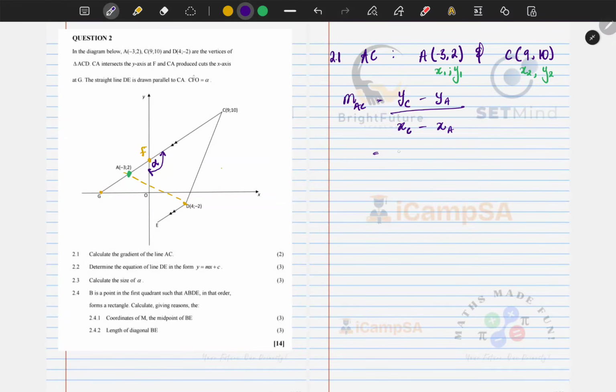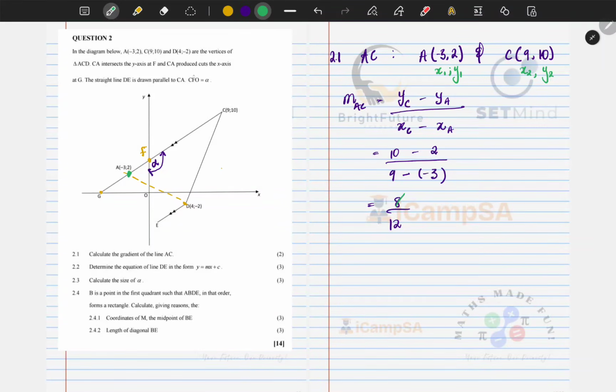Your y of C is 10 minus 2, all over your x of C, which is 9, minus 3. So this is going to be 8 all over, this is going to be plus 3. So 9 plus 3 is 12.